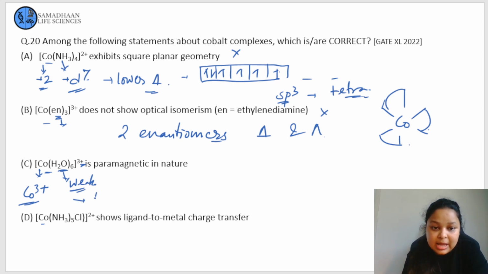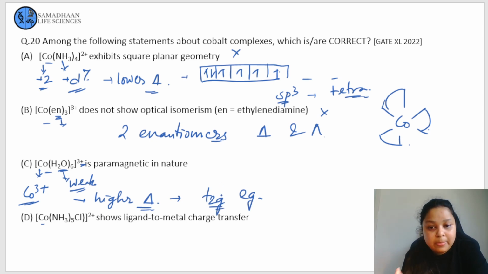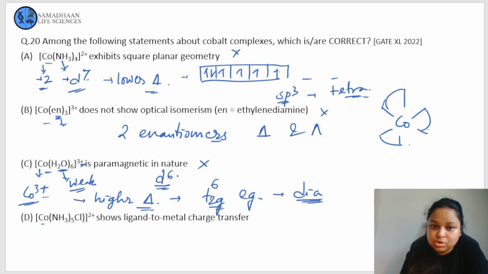That results in a higher splitting energy, which means in this octahedral splitting, the electrons remain paired up and don't go to the higher energy d orbital. Now this cobalt 3 is a d6 system, that means all 6 electrons will be here all paired up, that means this is diamagnetic. So this is also not right.